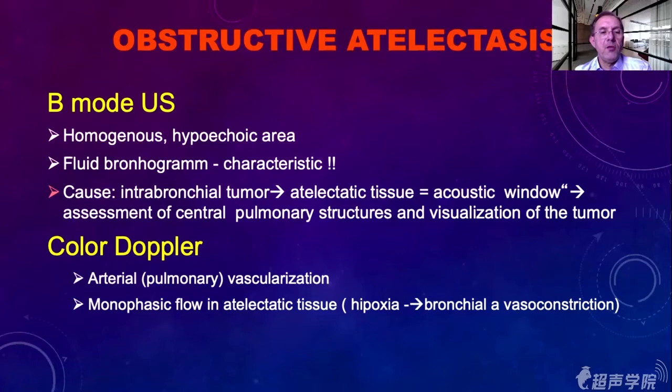When we are using color Doppler, we see the vascularization, and in atelectatic tissue, sometimes we may see monophasic flow because there is a vasoconstriction of the bronchial artery.